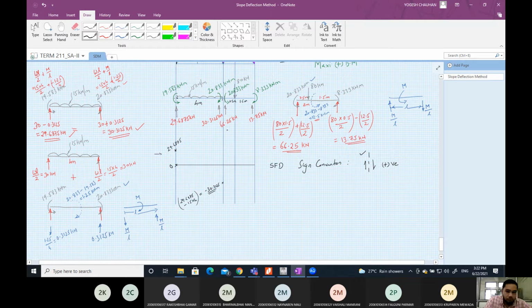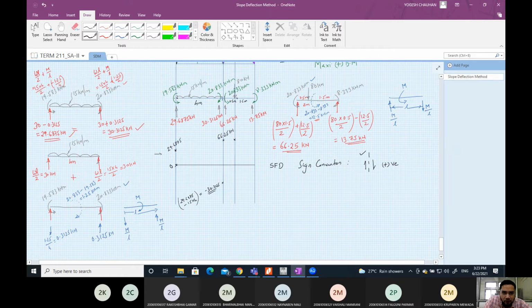So that will give you 66.25 kilonewton. Okay, at this point. Okay, now after that, just to the left of this point load, there is no load, so this will be constant. Okay, it will be constant because there is no load.